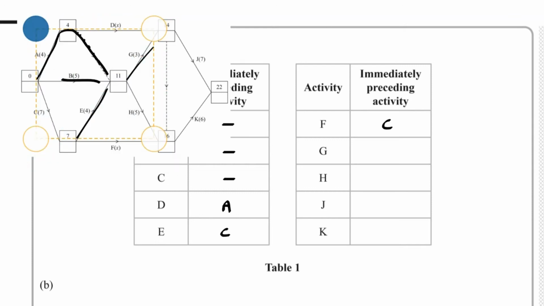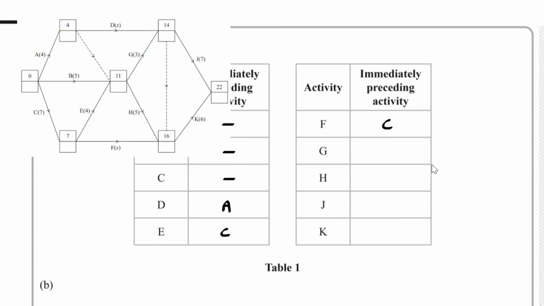So that means G relies on A, B, and E. And if we take a look at H, which is over here, well, it's the same argument. We've got A, B, and E feeding in to H. So we have A, B, and E.